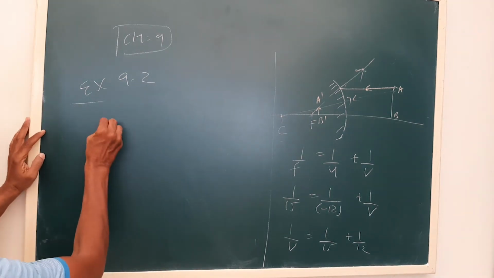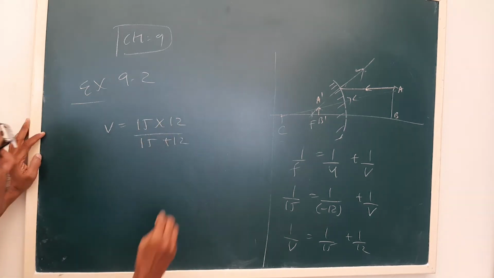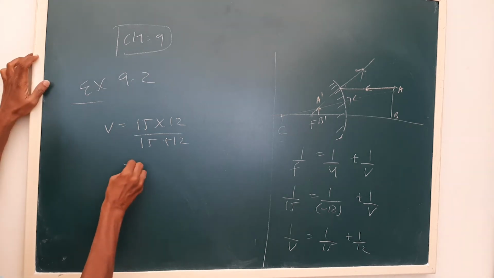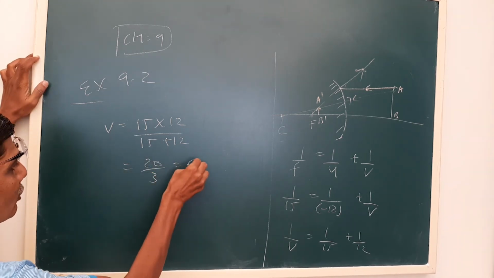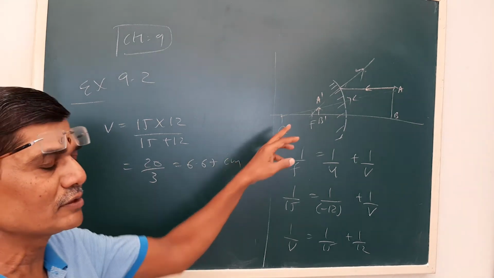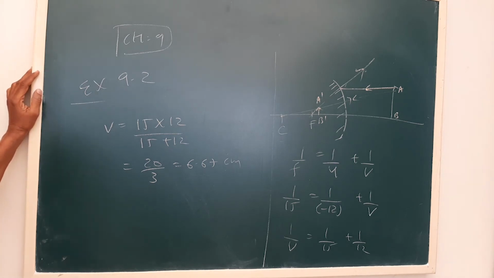So v will be equal to. Now if you solve this, we'll get 20 by 3 or 6.67 centimeter. Now see, image distance is positive. That is in accordance with our convention.